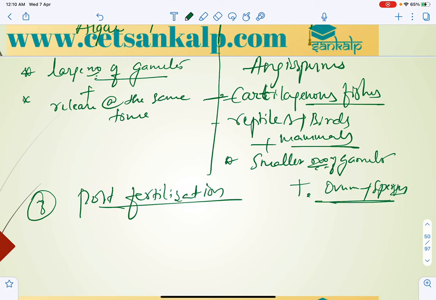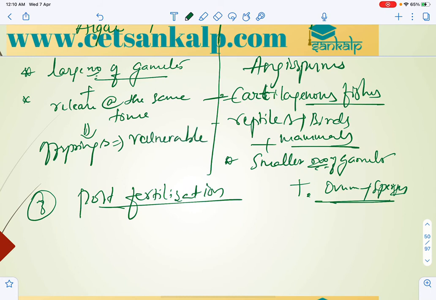In external fertilization, the offspring are more vulnerable to predators, easily affected by them. The chances of survival are very low. Offspring are extremely vulnerable to predators, threatening their survival up to adulthood.